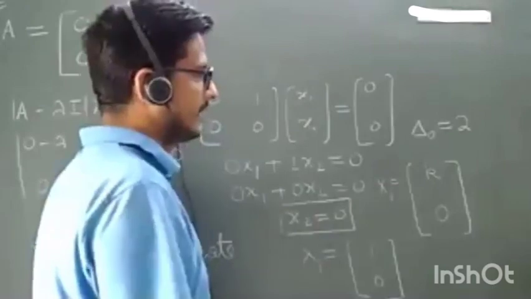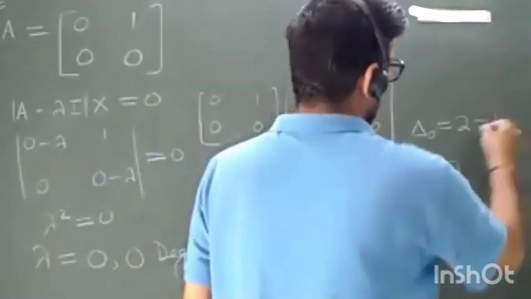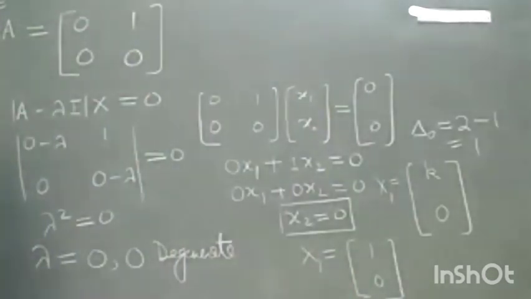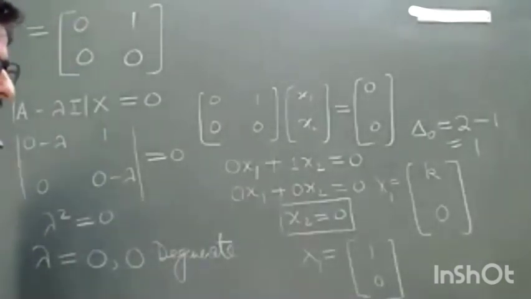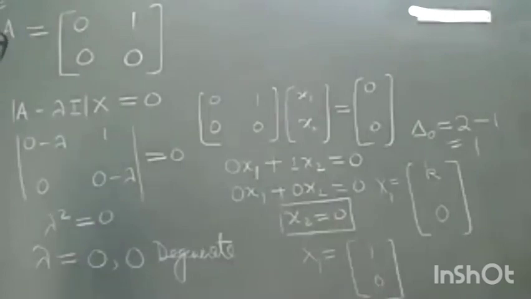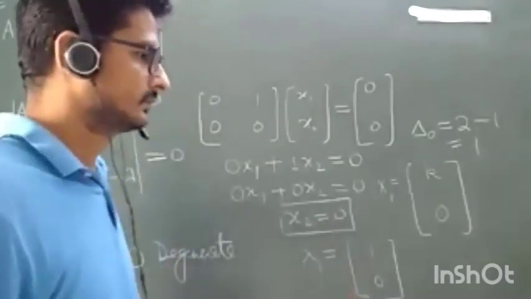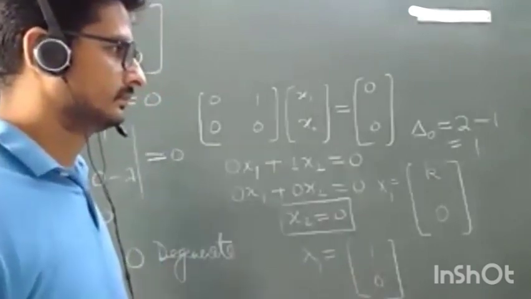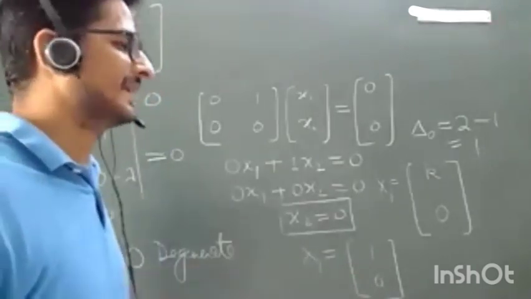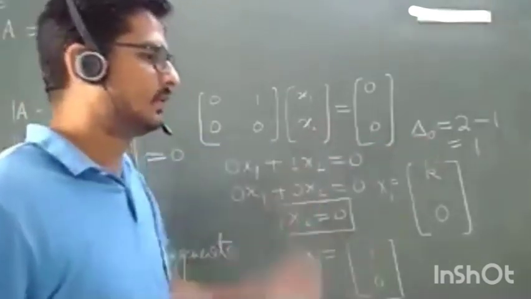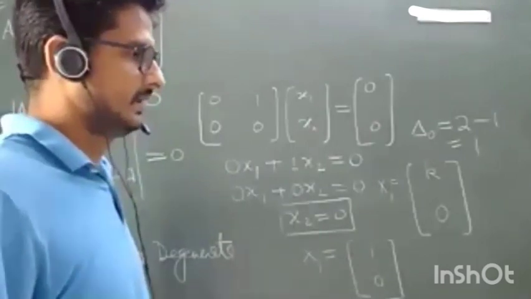Basically, you will only write parallel vectors. So this will be 2 minus 1 is equal to 1. Capital M lambda minus small m lambda, that is del lambda. Lambda is that eigenvalue, that 0 I have written, it is just notation.